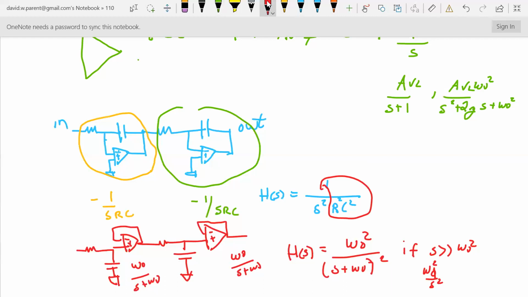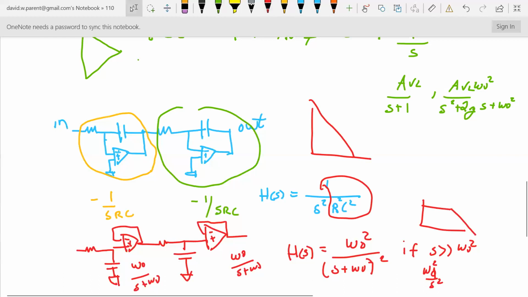And so you can think of integrators as a low pass filter. Let's just look at the magnitude. It's going to be doing this, right? The magnitude of this is going to come out, and then it's going to have a critical frequency.